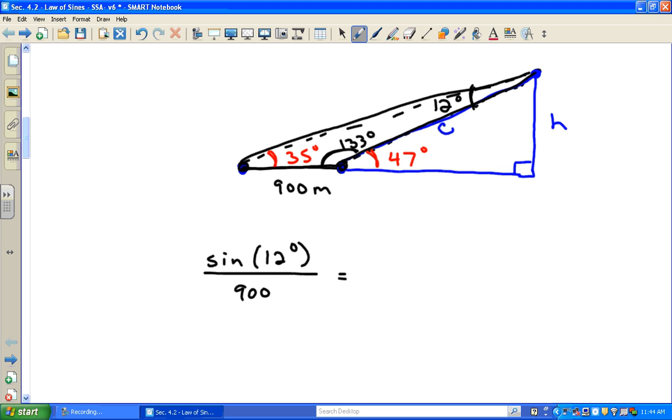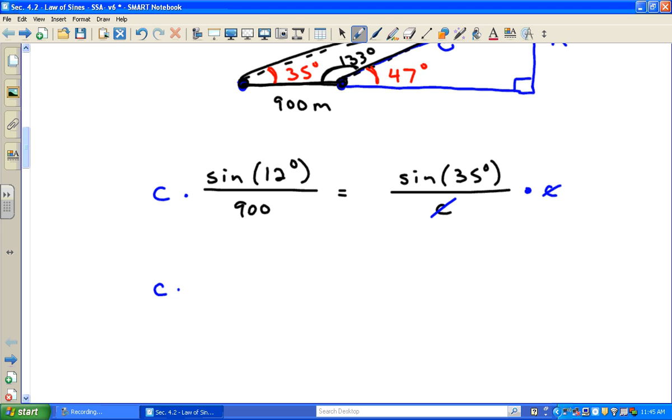Now I wish to find side c. Which angle is opposite side c? The angle opposite side c is the 35 degrees. So we have sine of 35 degrees over side c. To solve for side c, I'm going to multiply both sides by c to begin with. That will cancel that out on that side.